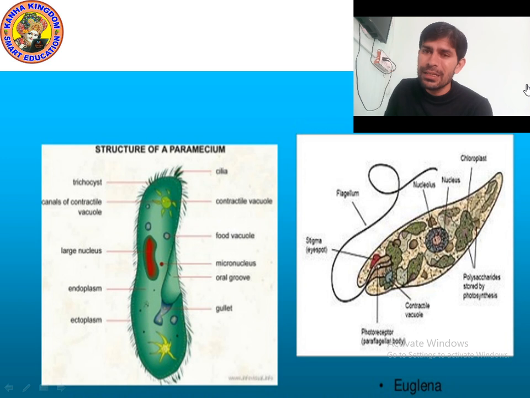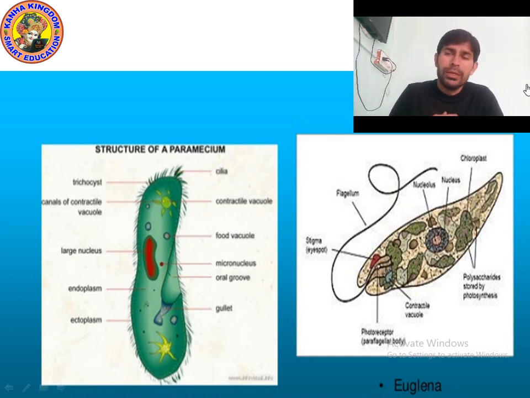It contains a nucleus and a vacuole for storing the food, and different other things. Nucleolus is also present inside it. I hope you understood about them.